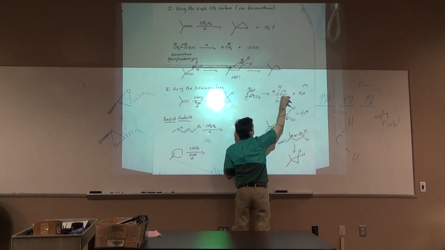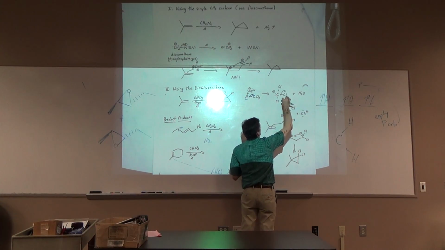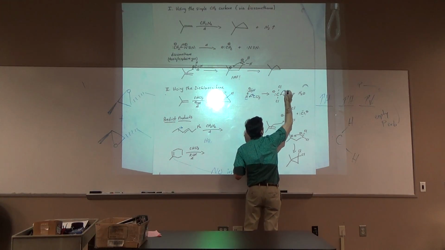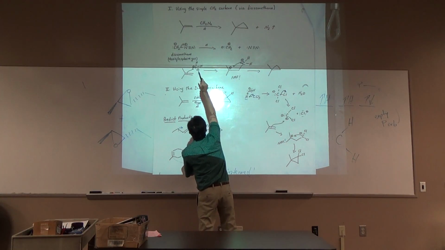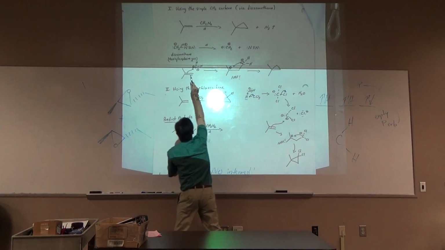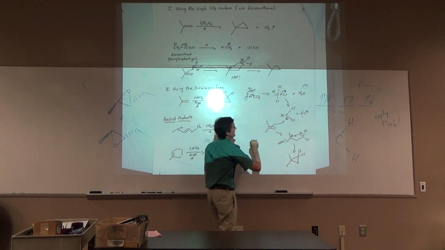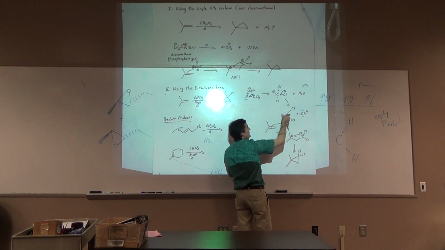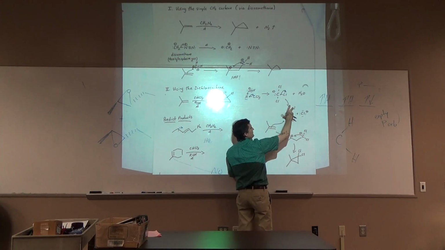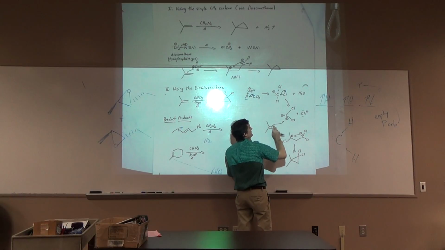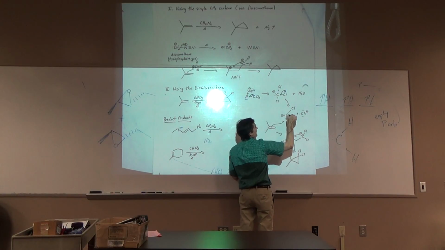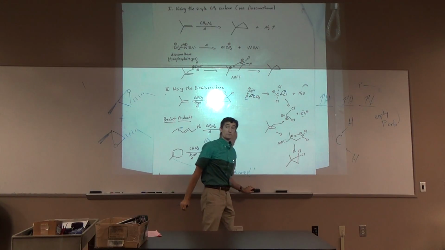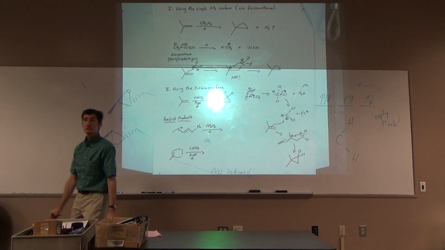But at this point, one of these chlorines will leave, like the nitrogen leaving. When this leaves, we get chloride, but what's left behind? A carbon with 2 bonds and a lone pair. And lo and behold, that's a carbene. It's a divalent carbon, which is neutral.